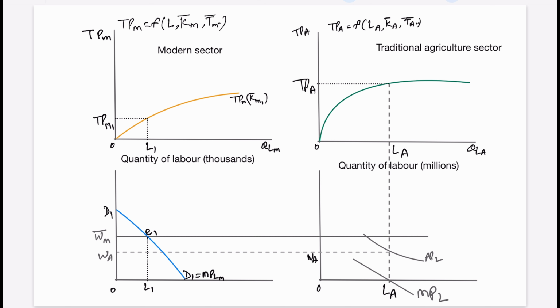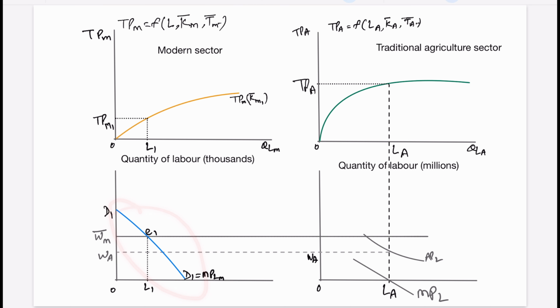So you see that this production function, the orange line, is drawn for a given level of capital. The slope of this production function gives me the demand for labor, that is also the marginal product of labor.